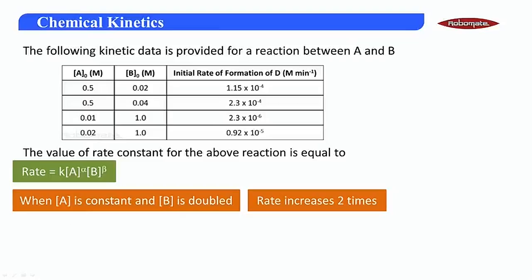So in this case, I can say that the value of beta is 1. If B is being doubled, the rate is also doubling, so beta has to be 1.